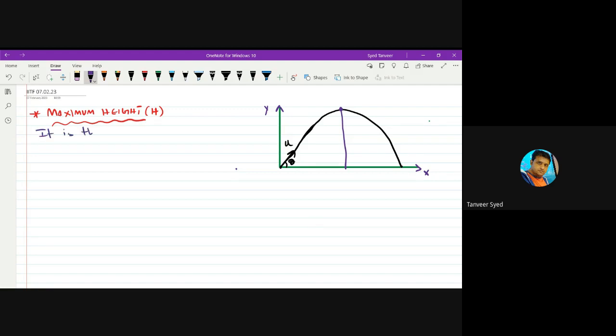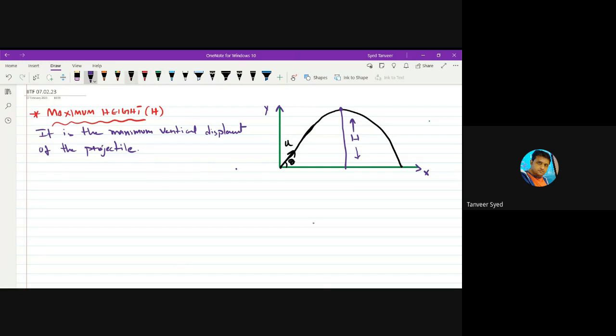It is the maximum vertical displacement of the projectile. Okay. So how to find out this vertical displacement? First point is that we should understand.